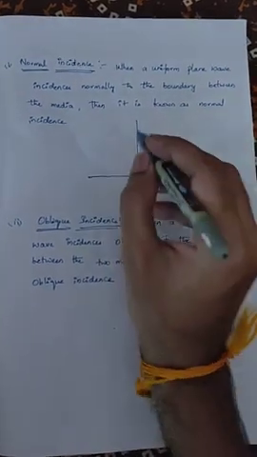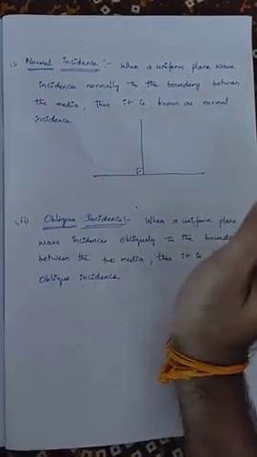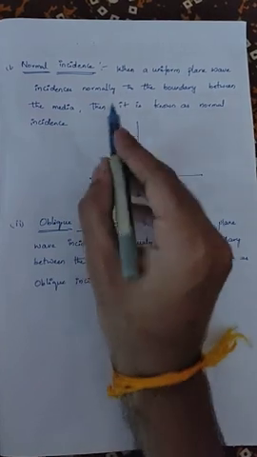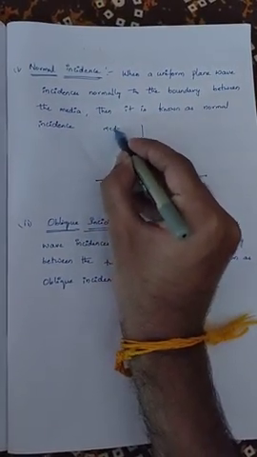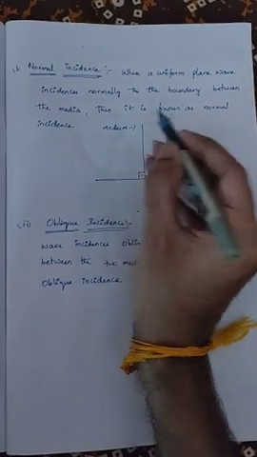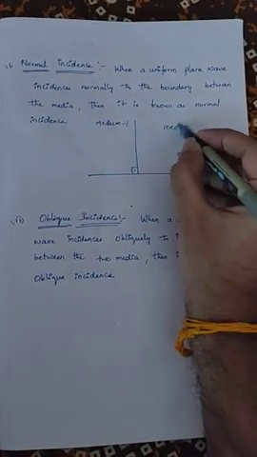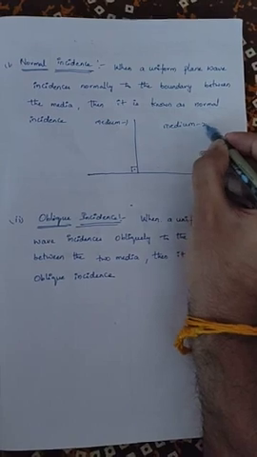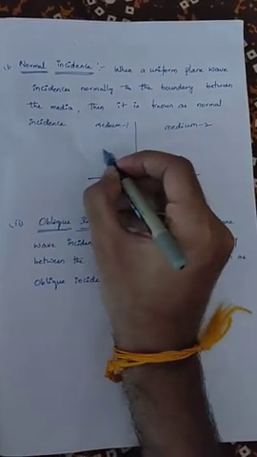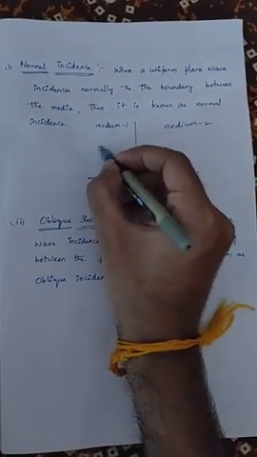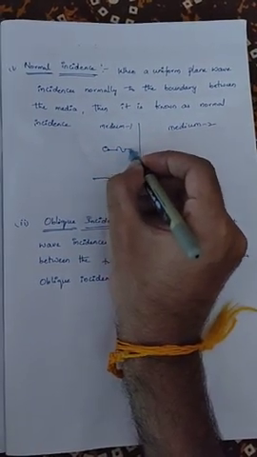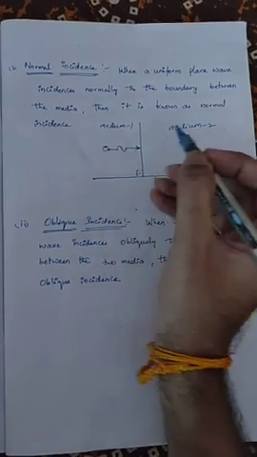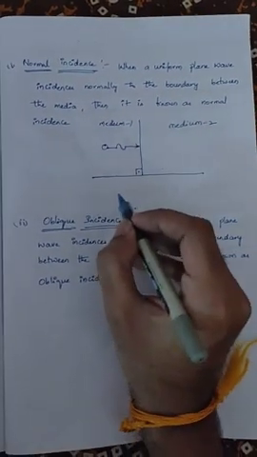Suppose I am considering two different mediums. This is one of the examples. Now I will see about two different mediums. This is medium 1 and this is medium 2. The wave which is traveling in medium 1 touches the boundary normally.